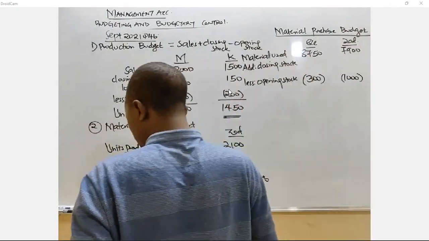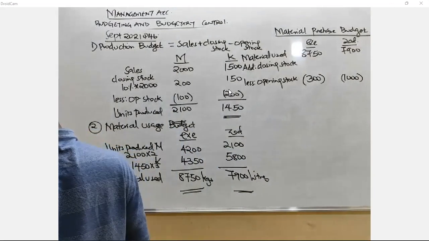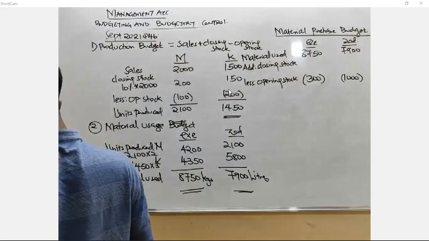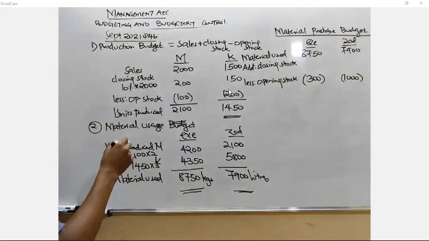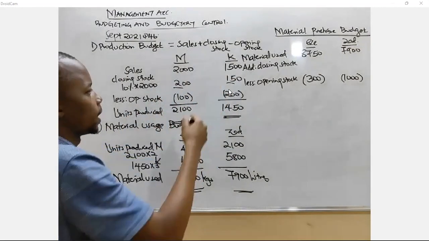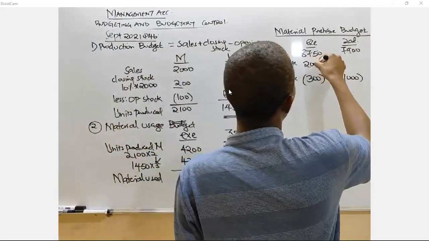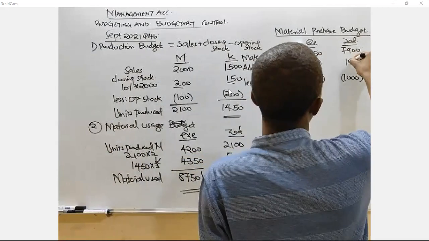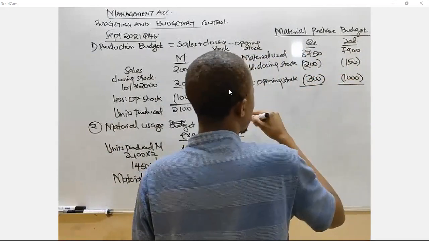But in note number 3, we have been told very well there, the closing stock of materials and finished goods will be sufficient to meet 10% of demand. So you calculated that already. We have our demands here. Correct. So this will be 200 and there will be 150. What will be the material purchased?